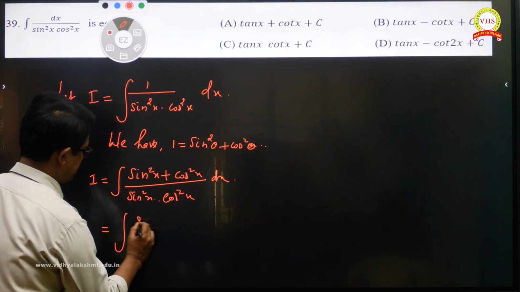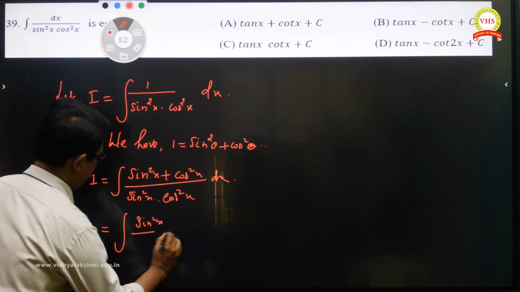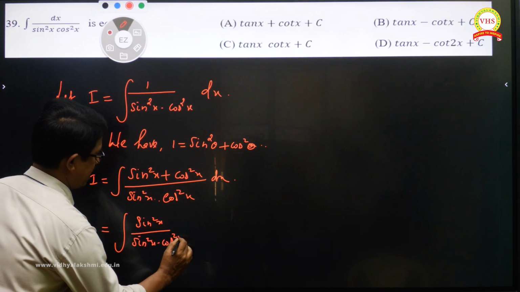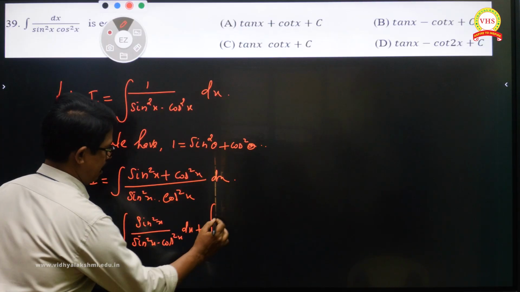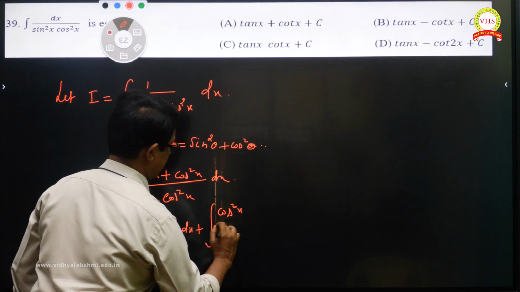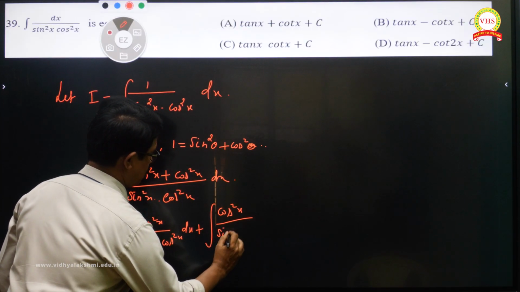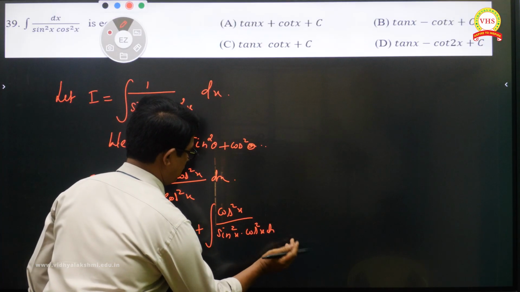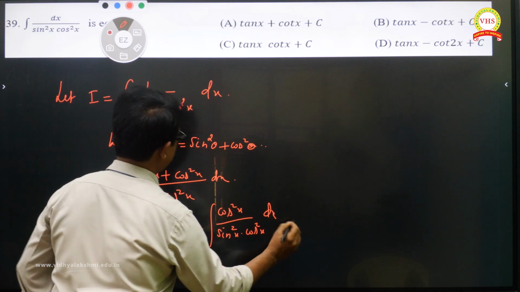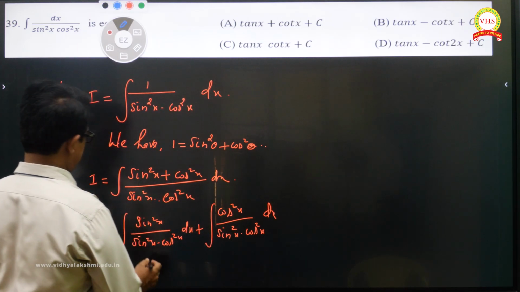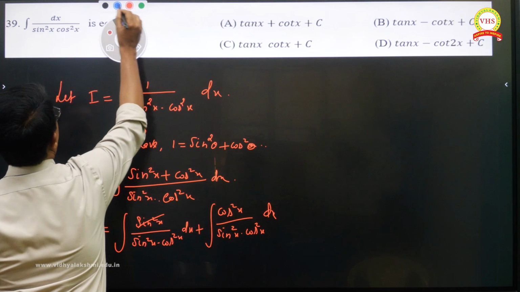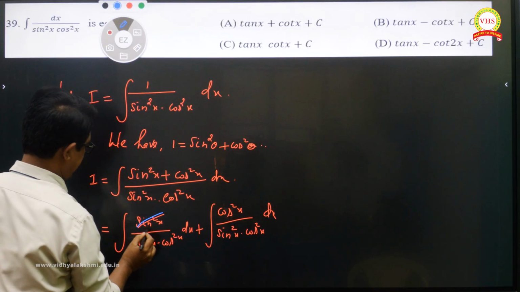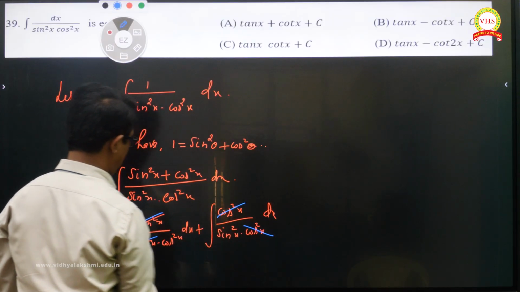We can separate: the integral of sin square x divided by sin square x into cos square x dx, plus the integral of cos square x divided by sin square x into cos square x dx. Any doubt? Which one is cancelled? Sin square cancels here, and cos square cancels here.